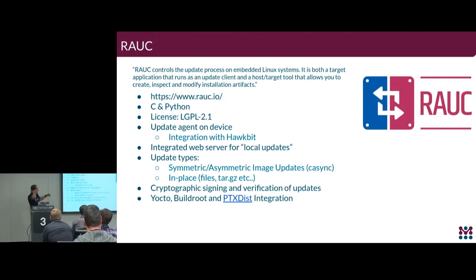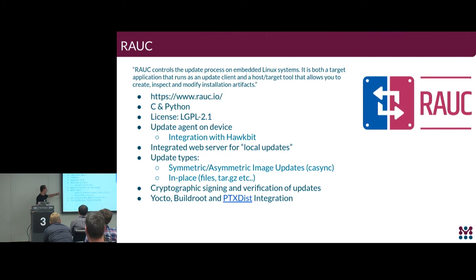RAUC is pretty much the same concept, but a different company or different people working on the same thing. It also focuses on the client side only. Both SWUpdate and RAUC integrate with the Hawkbit server, so they are able to communicate with it, but they are two independent projects.